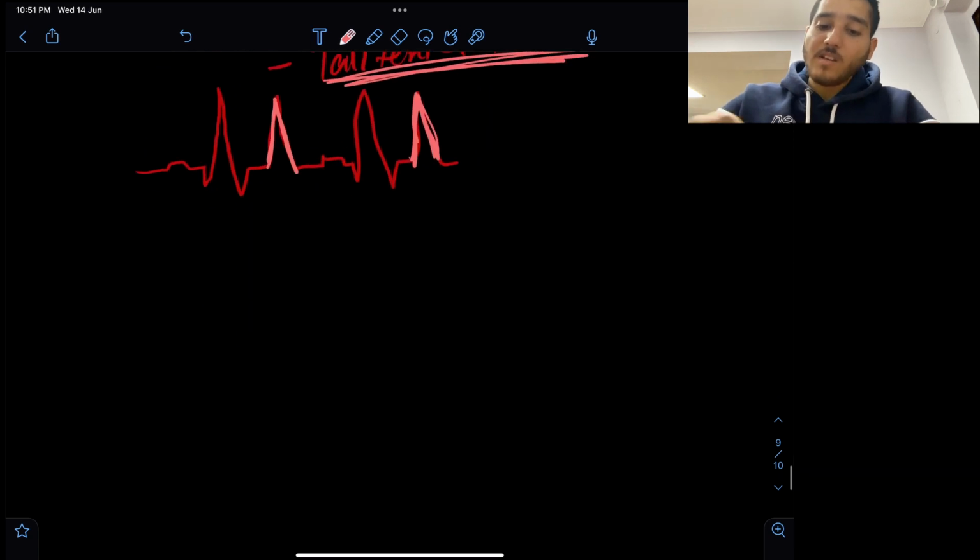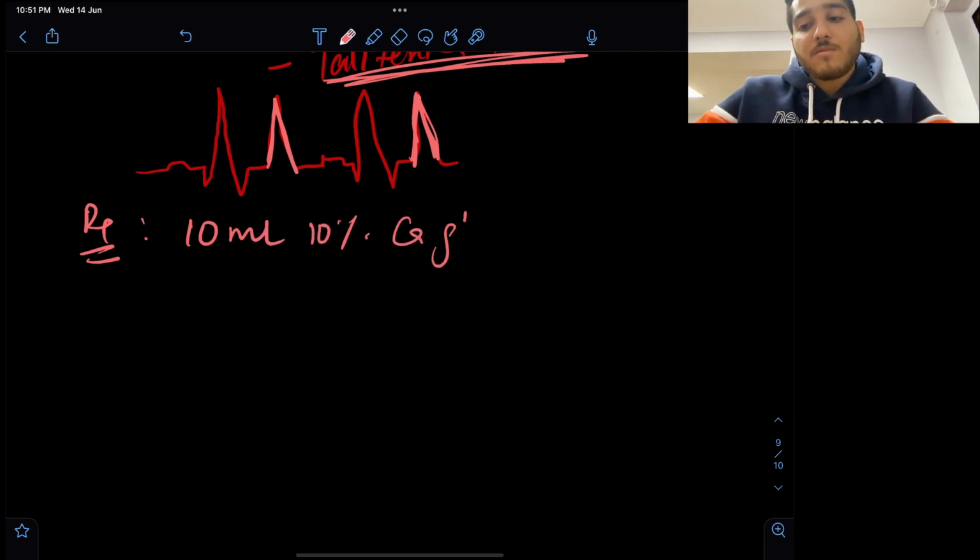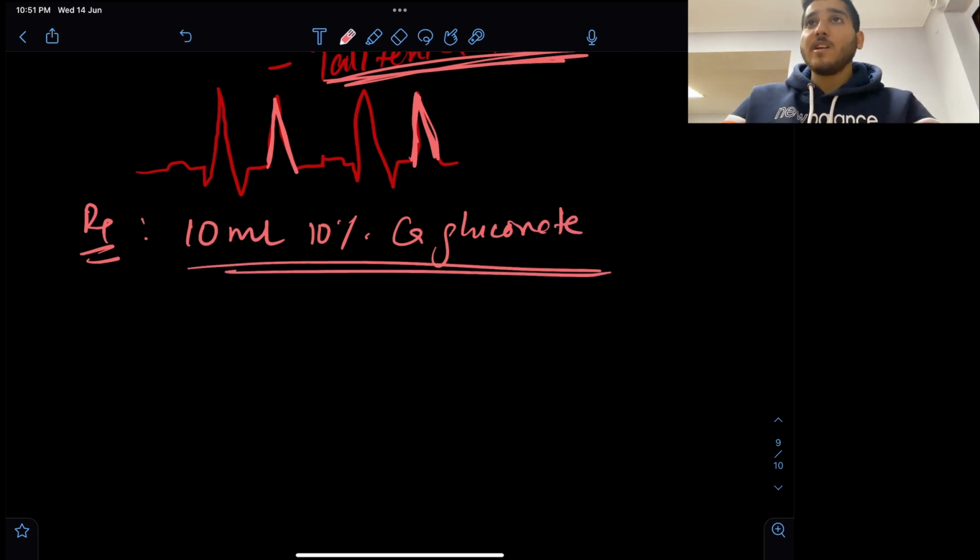For treatment of hyperkalemia, we usually give 10 ml of 10% calcium gluconate. In a patient of hyperkalemia, it is very hard for the heart to keep pumping, so we give calcium gluconate so that there will be no cardiac failure.